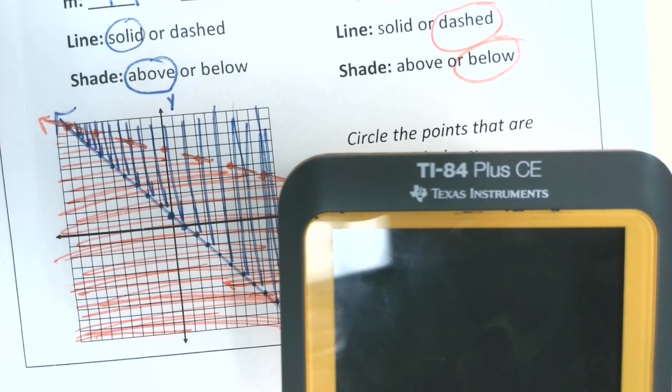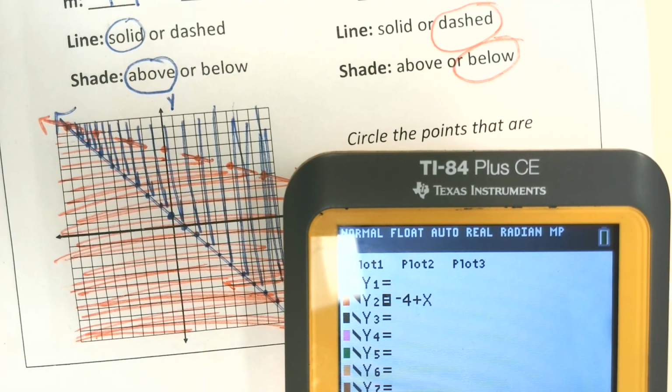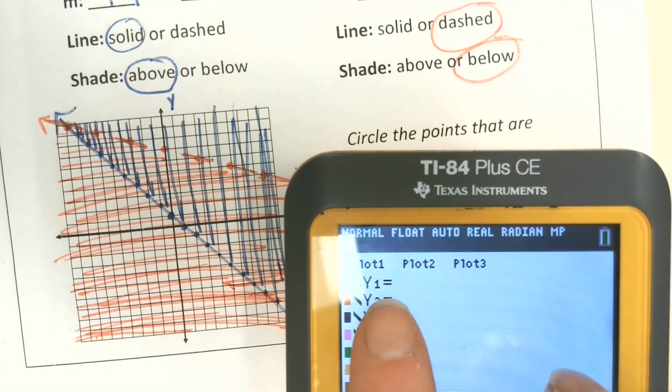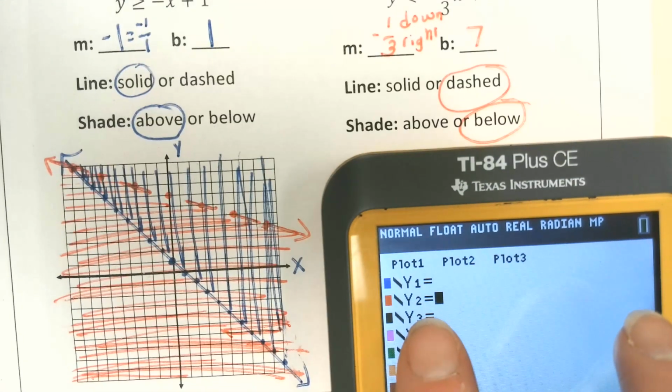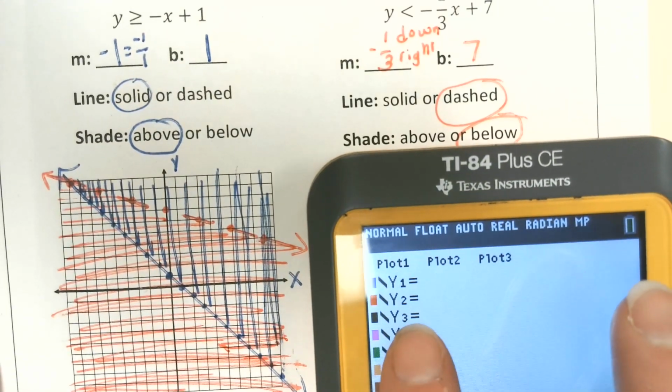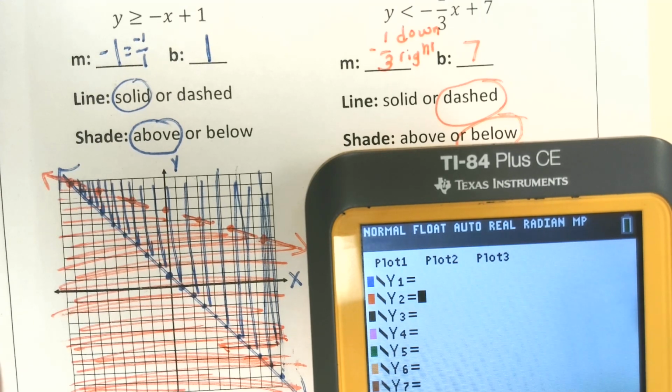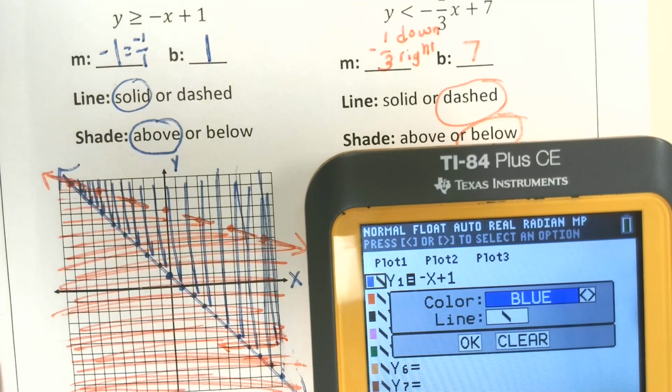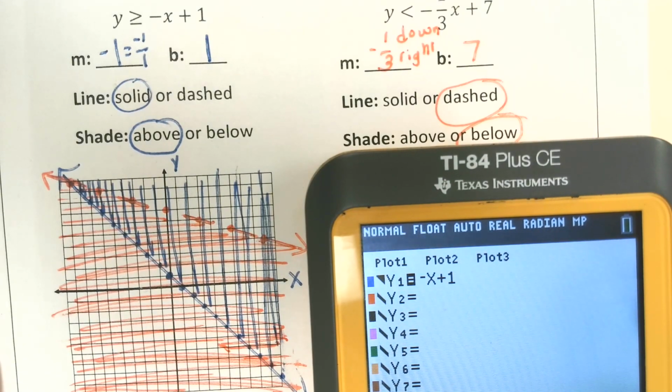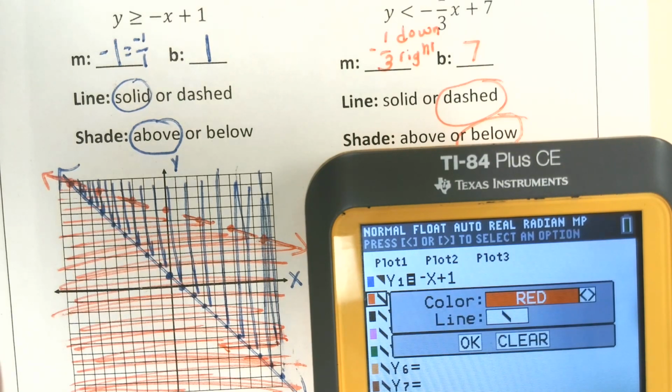I do want to check my answer real quick. I'm going to clear on Y1 and Y2. When you hit clear, it'll clear out the shading also. So go to Y equals. We're going to put in negative x plus 1. Go to the left side. This needs to be shaded above. So pick the above triangle. Push OK. The other one's going to be shaded below.